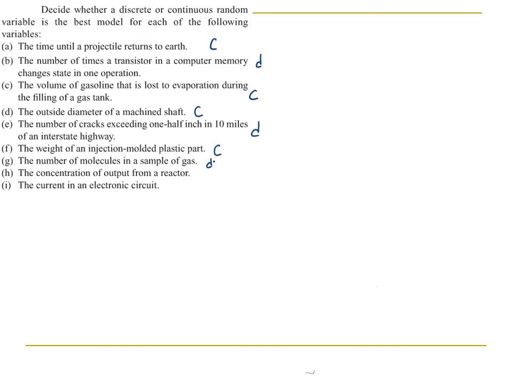The concentration of output from a reactor, continuous. And the current in an electronic circuit, continuous. Questions? Okay. So now we know about continuous random variables and discrete random variables, right? Now, let's take that to the next level.